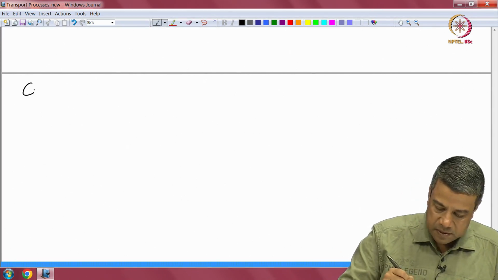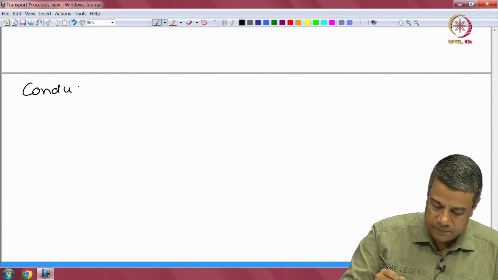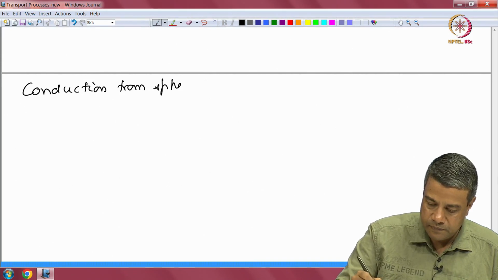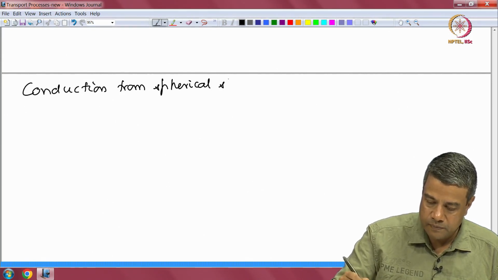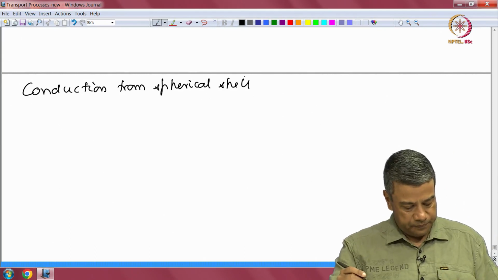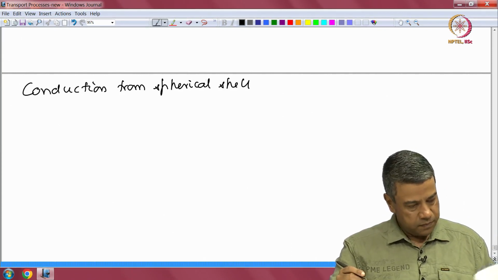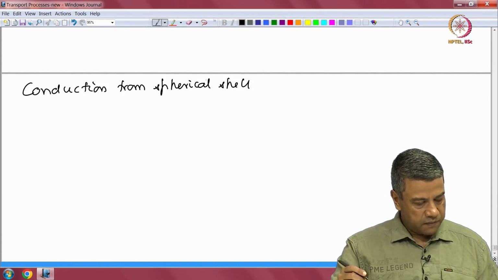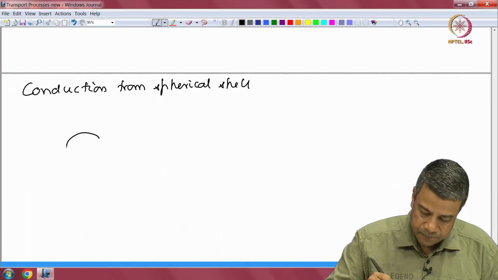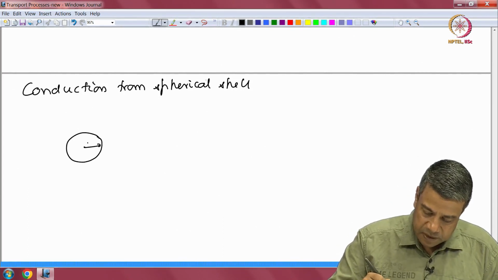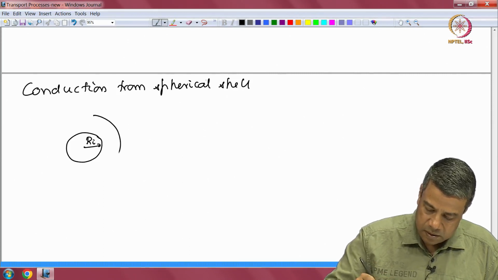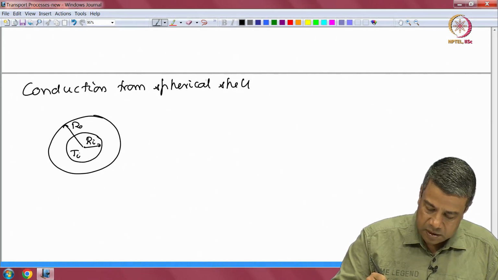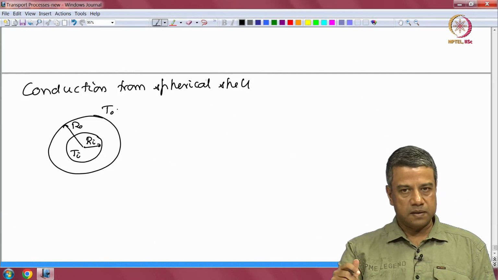So, the next example we can consider is conduction from a spherical shell. So, this is a spherical shell of inner radius r I, outer radius r O, temperature T I on the inside, temperature T O on the outside.